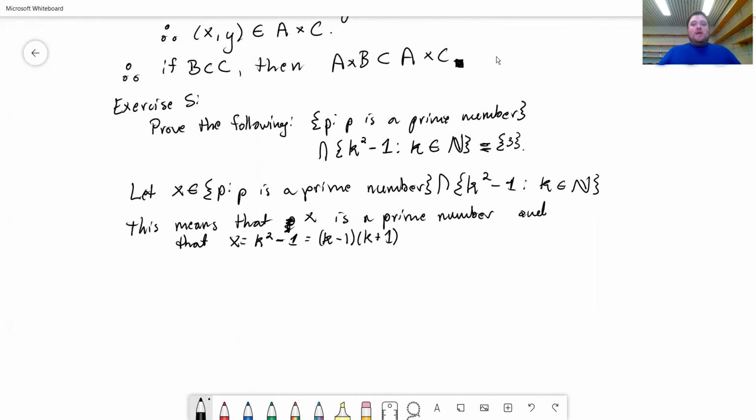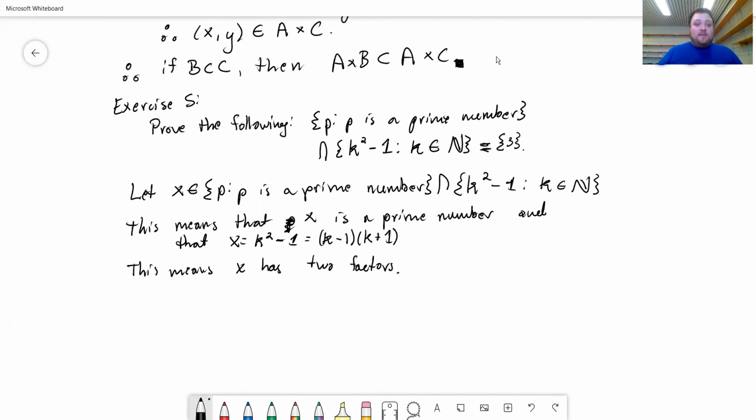Okay. So what does this mean? This means x has two factors, which is k minus 1 and k plus 1.